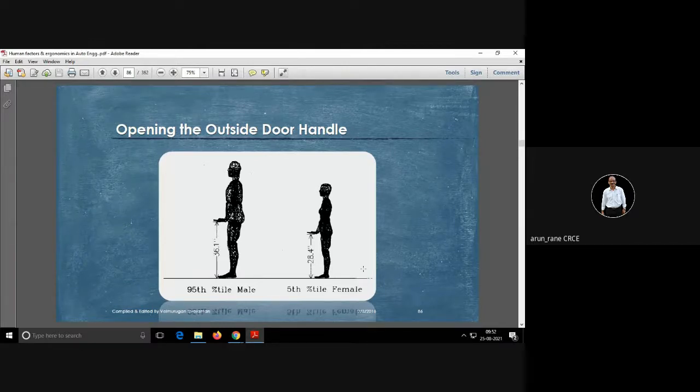If majority of the people are very tall, like say 95% of the population in Europe, for them the height of the door handle will be at a distance of 36.1 inches from the ground. That is nearly 3 feet, 1 inch more than 3 feet.